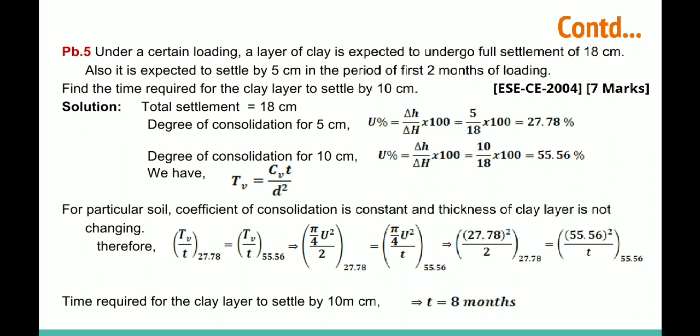So for the two stages on the same soil, coefficient of consolidation will be constant for both stages, and height of soil layer would be constant for both stages. So we have used that relation and we get the time required for the 55.56% degree of consolidation, and that we get t equal to 8 months.